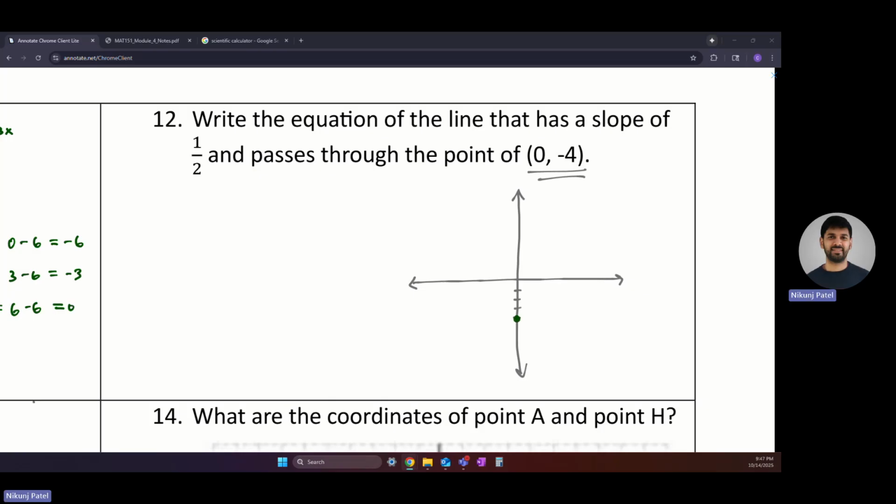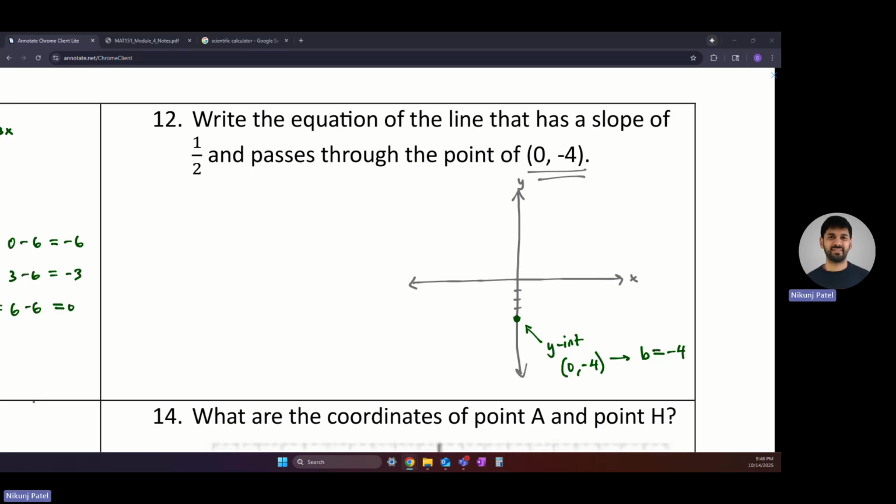That's also called the y-intercept because it's on the y-axis. There's x, there's y, 0, -4. Well, that tells us that our b value is -4.